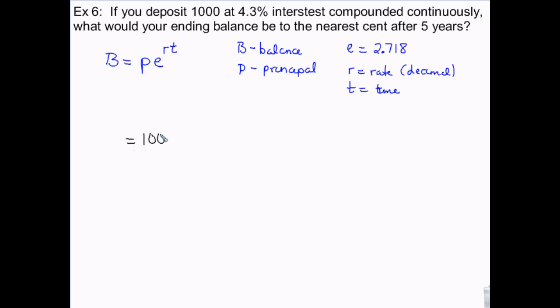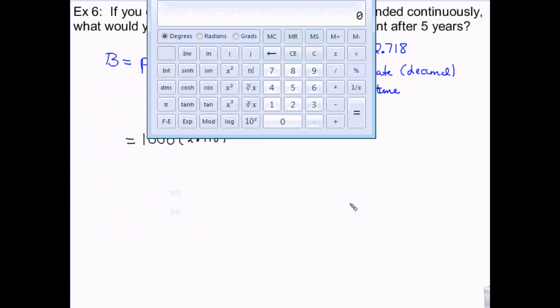So we put in $1,000 times e to the 0.043 times 5 years. So first I'm going to do this 0.043 times 5. Of course, I closed my thing.